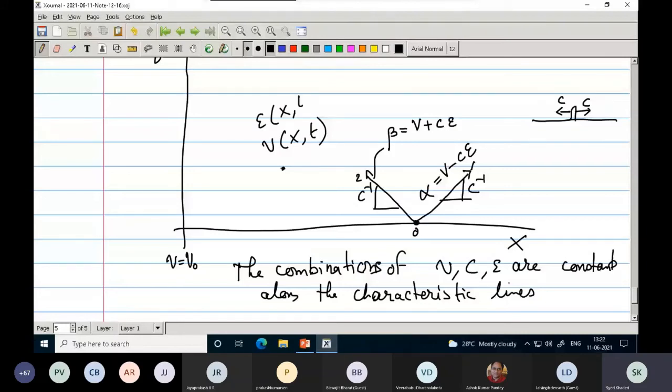So what I can do is, I can draw a characteristic line to this point from somewhere here so that the slopes are maintained.